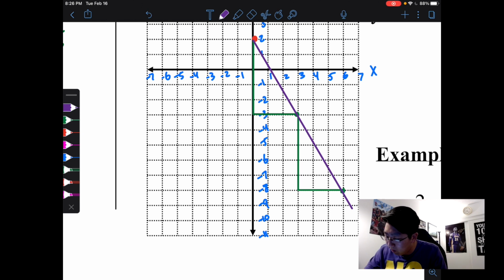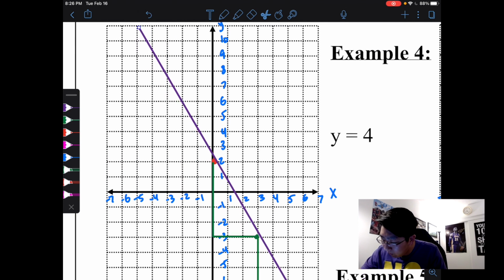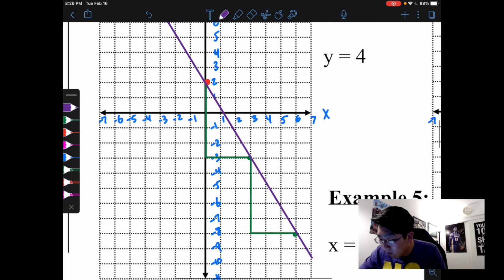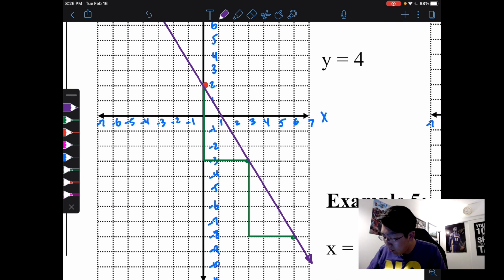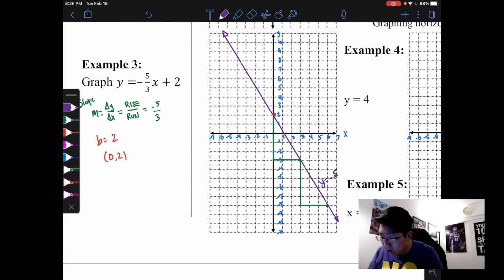Now I'll use purple. There we go. And here my equation is y equals negative 5 over 3x plus 2. And I'm done.